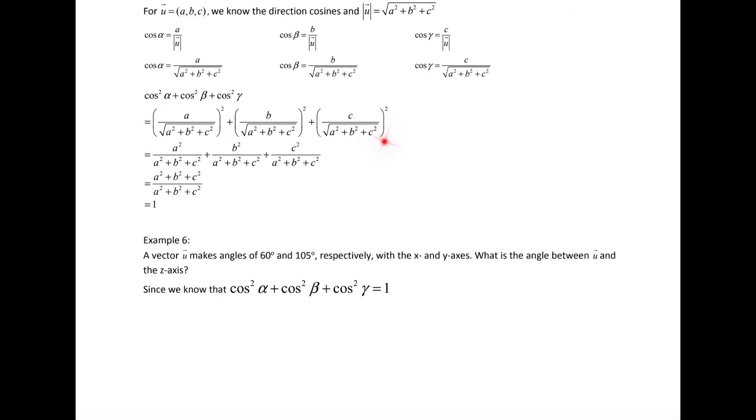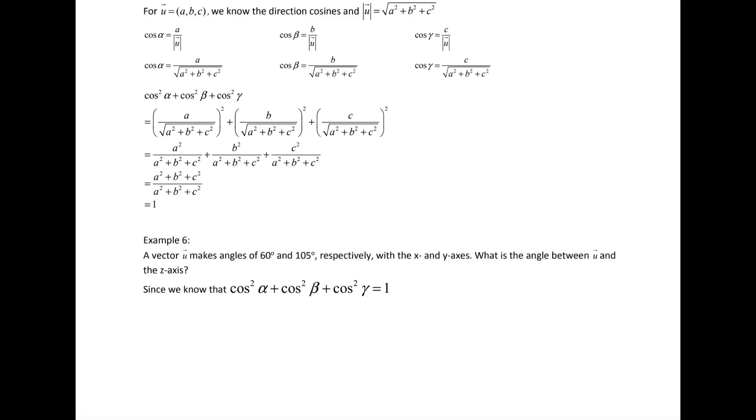When we square them, first of all, in the denominator the square root disappears, and the numerator will become a squared and b squared and c squared. And since they all have the same denominator, you can add the numerators up, and now you're going to have the same value for the numerator and the denominator, so the result is 1. So when we add the squares of all the direction cosines, we are going to have a 1.